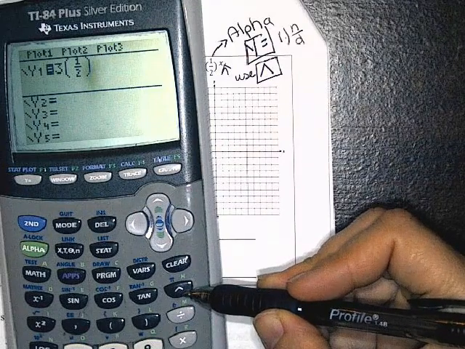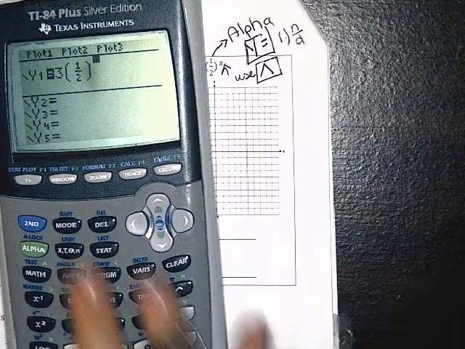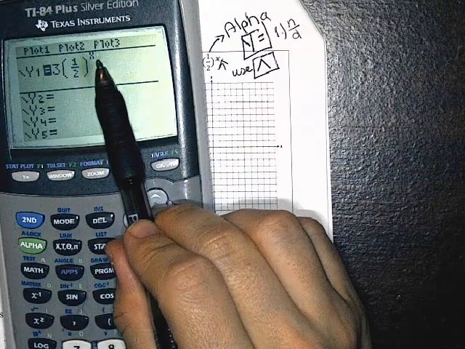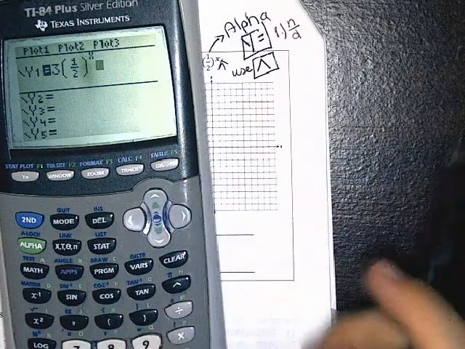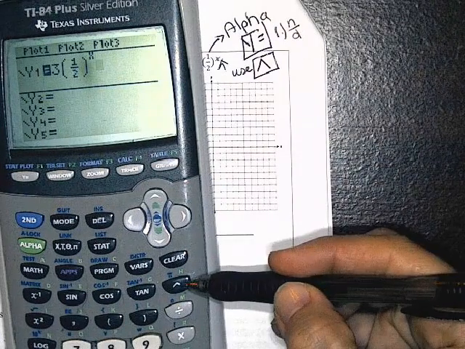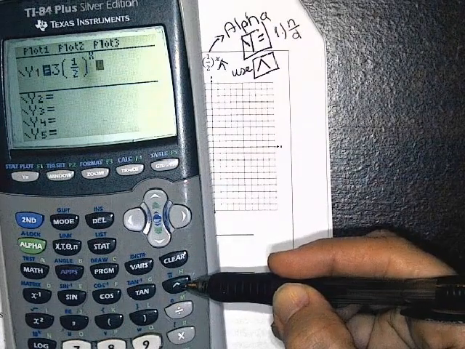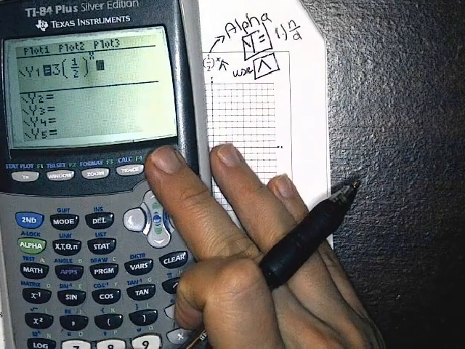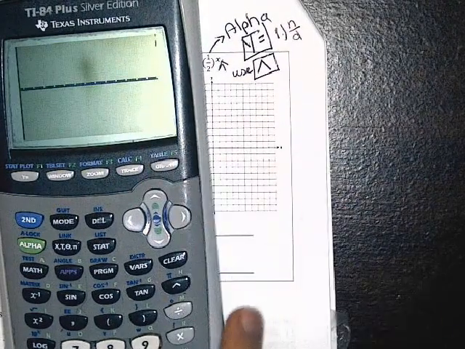I'm guessing it's power x. So I'm going to raise it to the x, then press right to bring it back down. Now I'm going to look at the graph to see what it looks like.